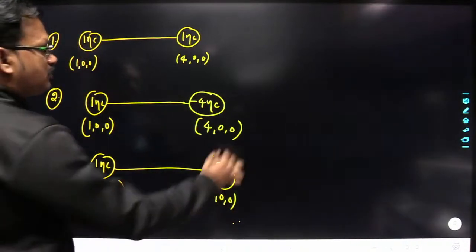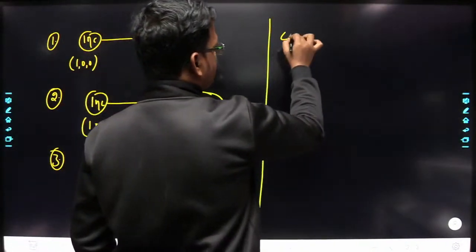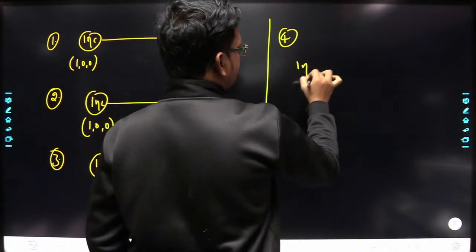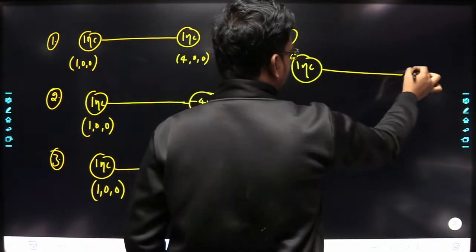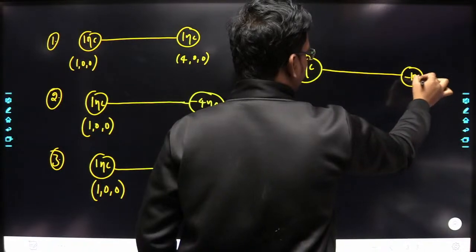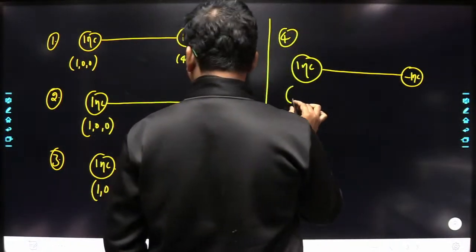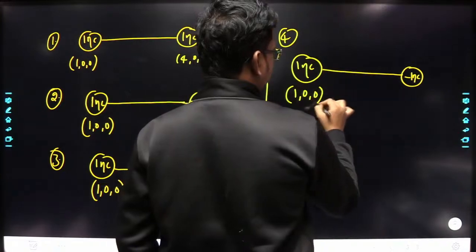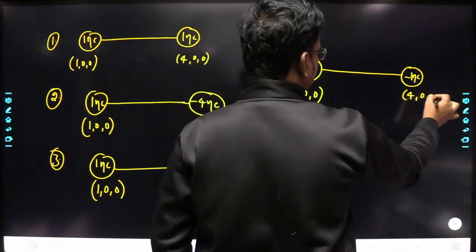Next, we took another problem with 1 nanocoulomb and minus 1 nanocoulomb, located at 1, 0, 0 and 4, 0, 0.